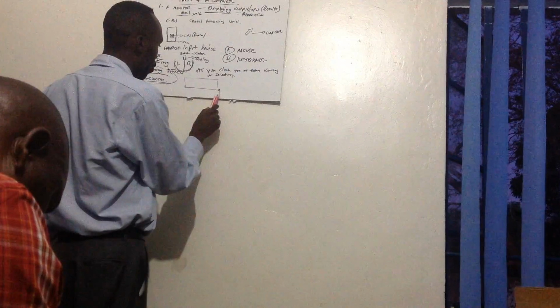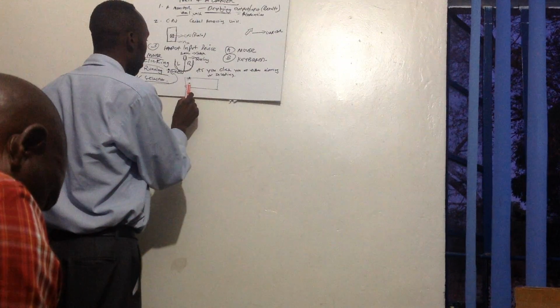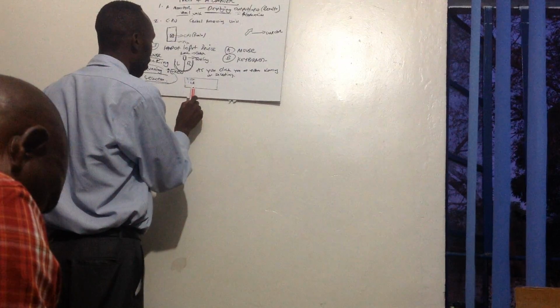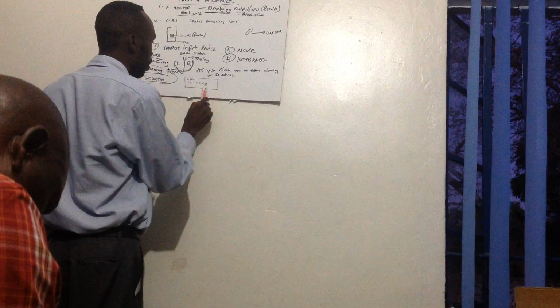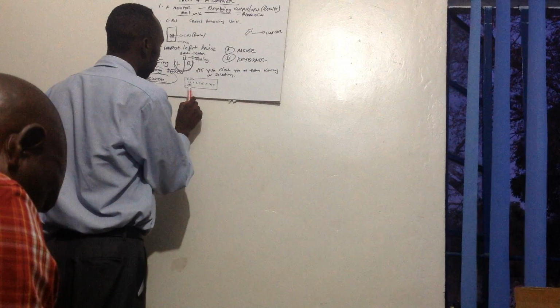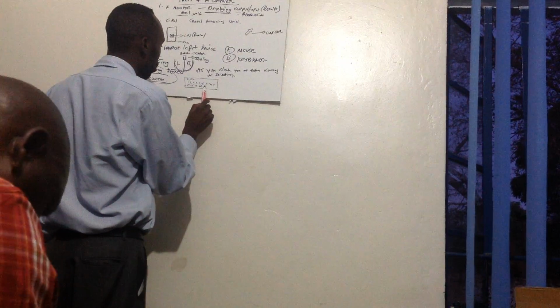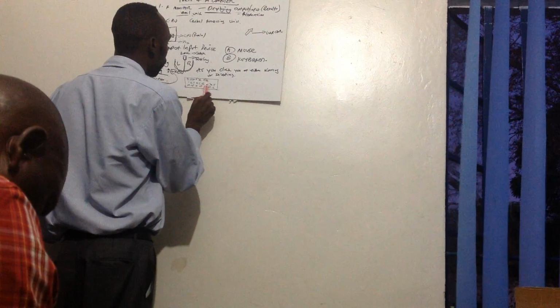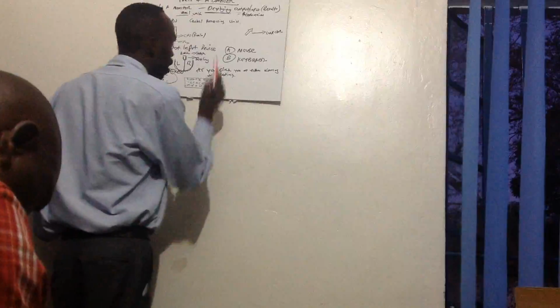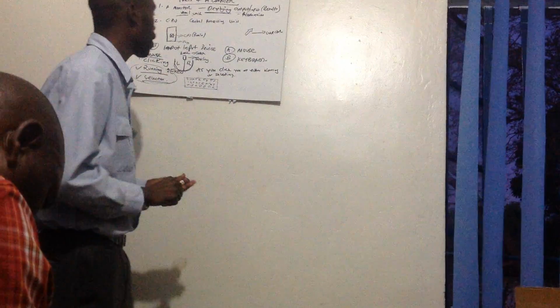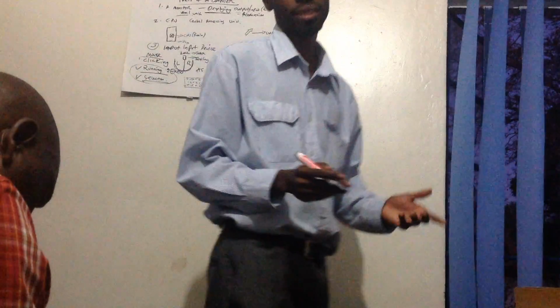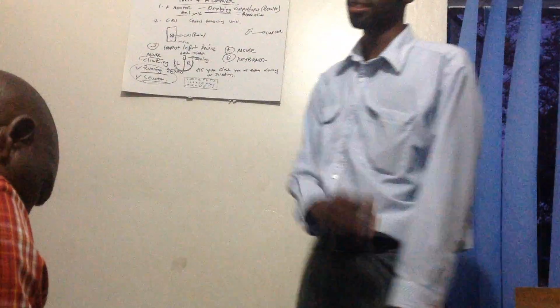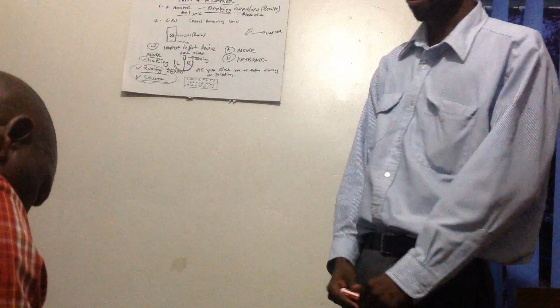Let me draw something. There are numbers here, 9, A, B, C, D, E, F, G, and F1, F2, F3, up to F12. There are function keys. There are letters of the alphabet and numbers.